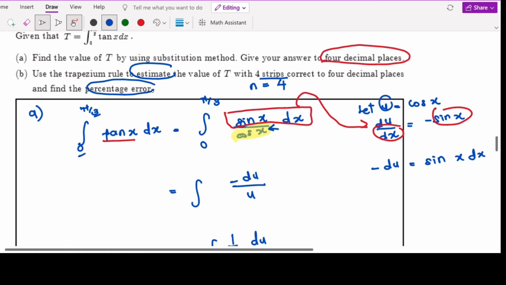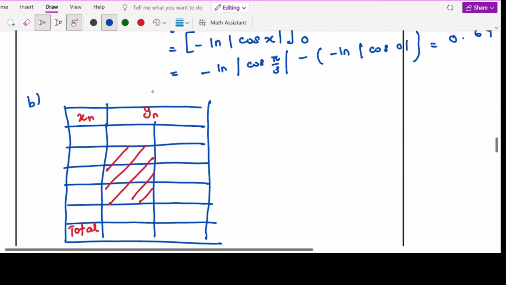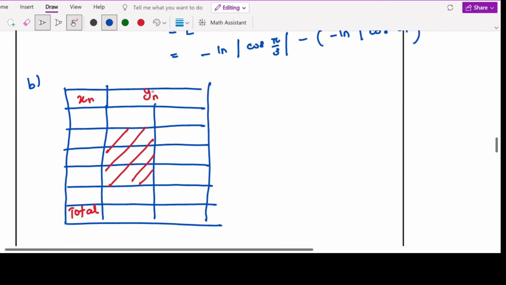First thing first, you need to find the width of each strip. The formula is h equals b minus a over n. Your b is pi over 3 minus 0, over 4, so it is equal to pi over 12. So you know the width of each strip is pi over 12.